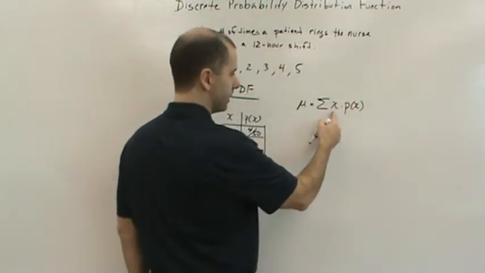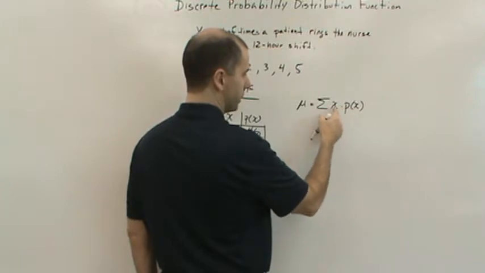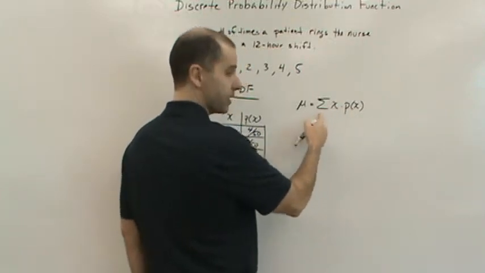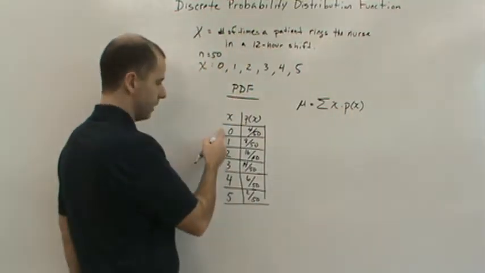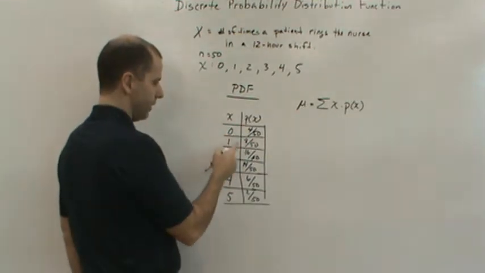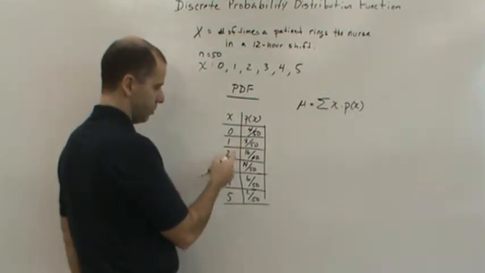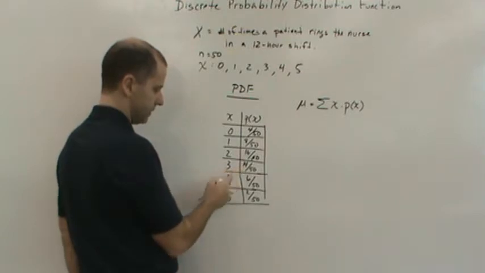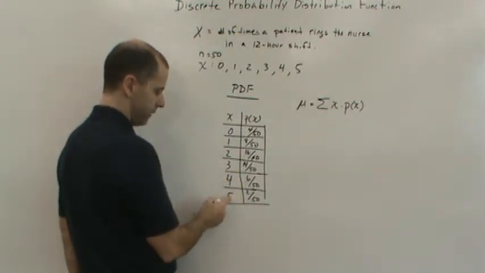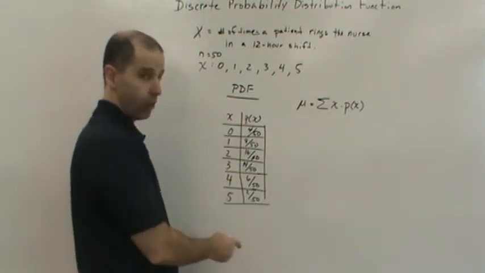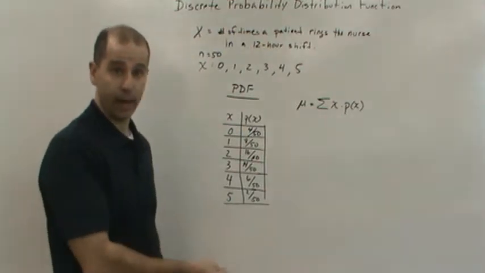In other words, we take these products, multiply them, and sum them up. We take 0 times this, 1 times this, 2 times this, 3 times this, 4 times this, and 5 times this. Once we have all of those products, we add them up, and we're done.